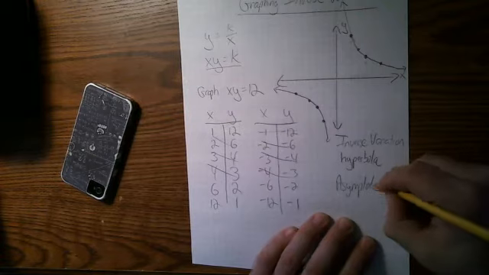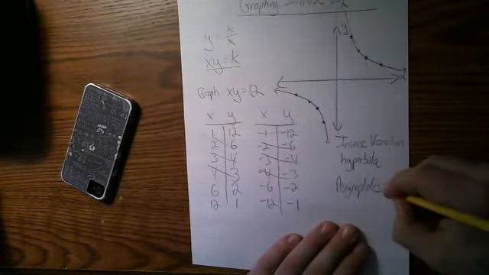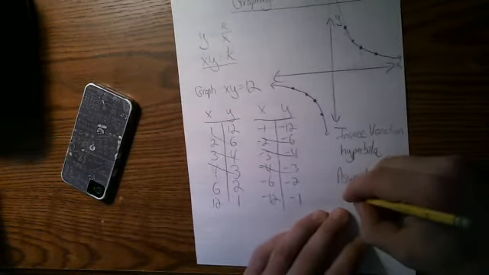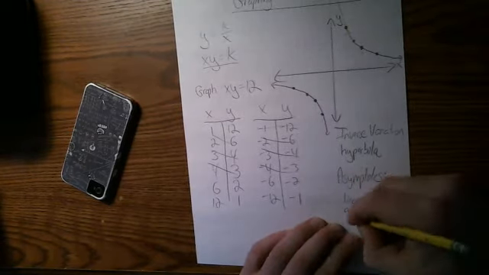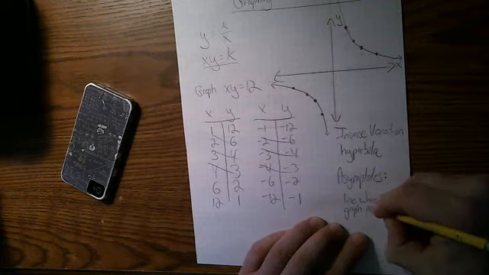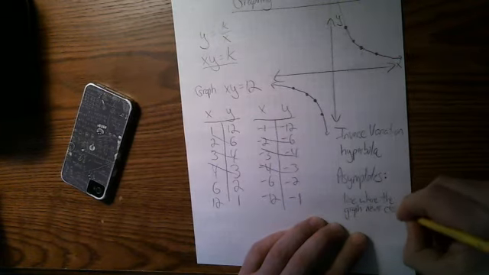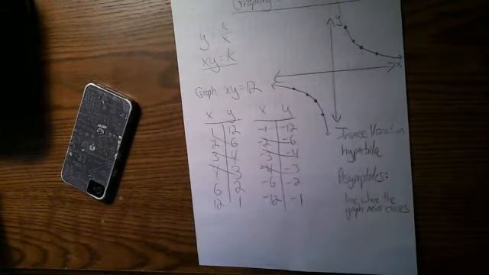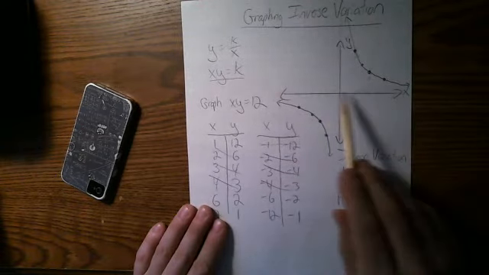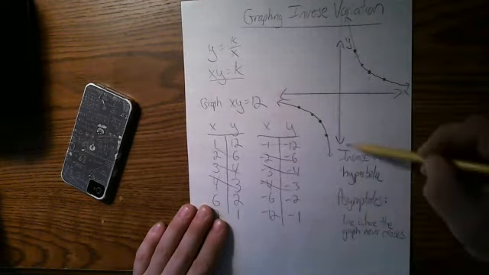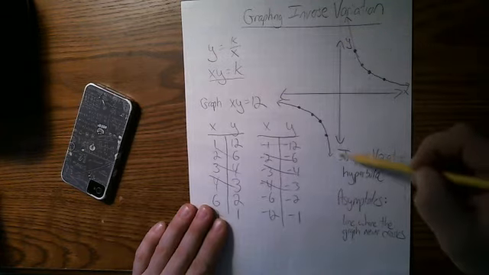An asymptote, which we've learned before, is a line where the graph never crosses. So this graph will never cross y equals 0. This graph will never cross x equals 0.